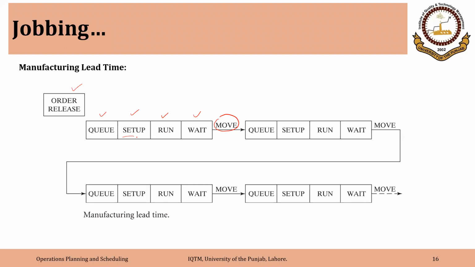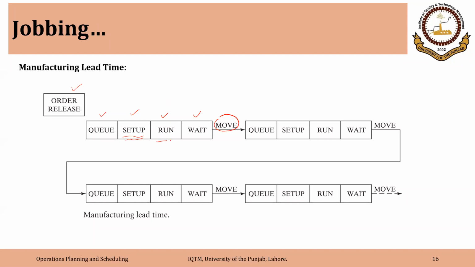Setup time is actually required to set up the machine for the new lot of the product. So that is the time required to shift from making product A to making product B. So that is preparing the machine or the equipment from one type of product to the other type of product. So that time is setup time.